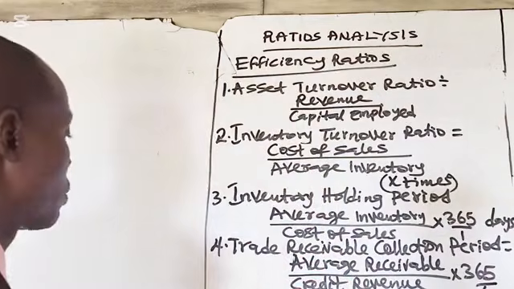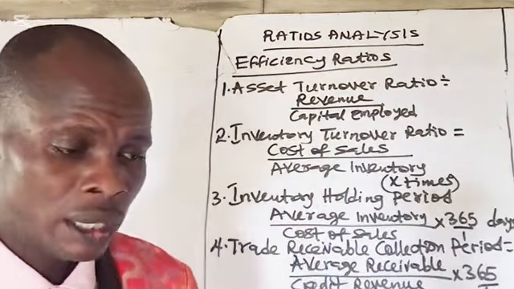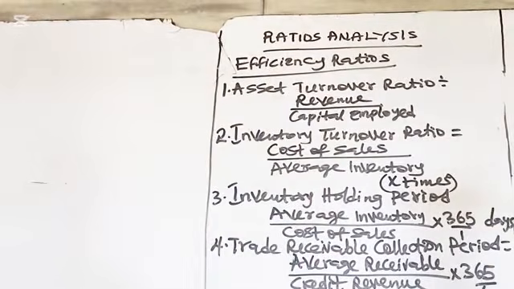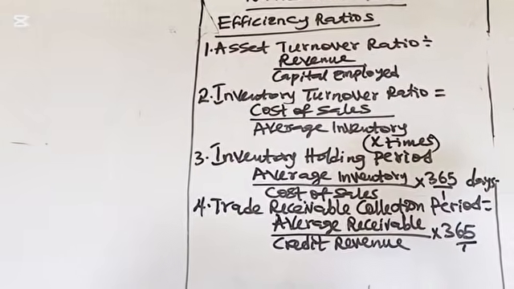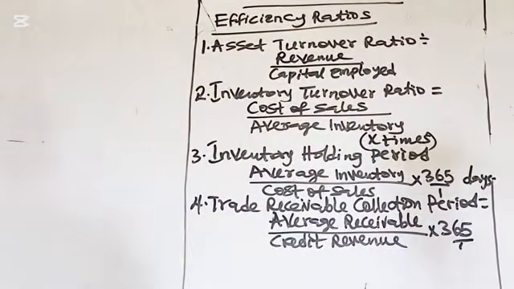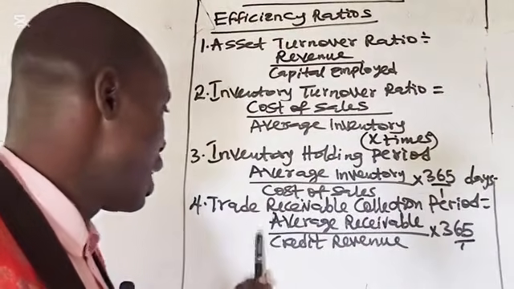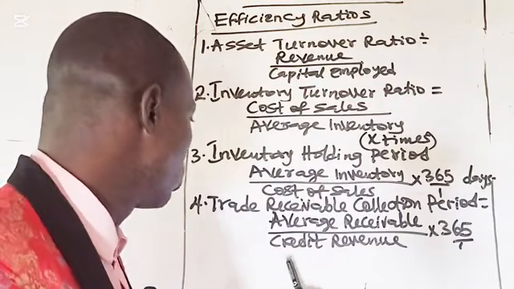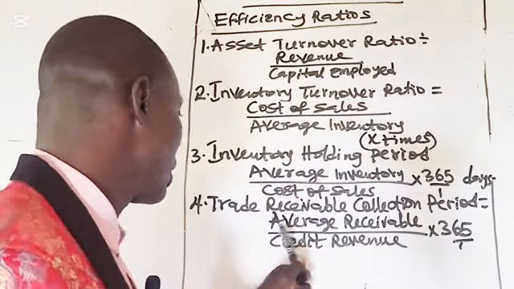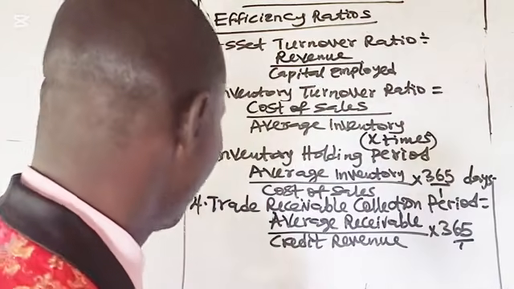Remember, I've told you the lower is better for the entity. So that is for receivable collection period. Where it is high, the loss of receivables will become bad. That means the bad debt will also increase where receivable collection period increases.